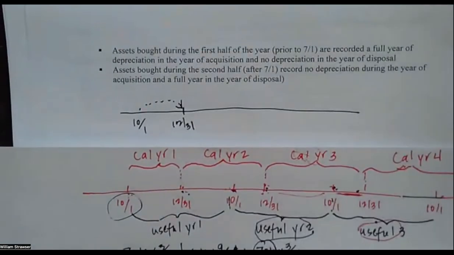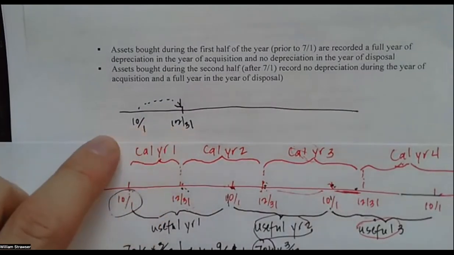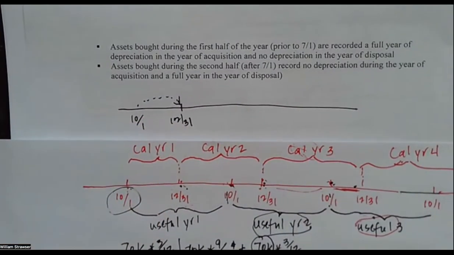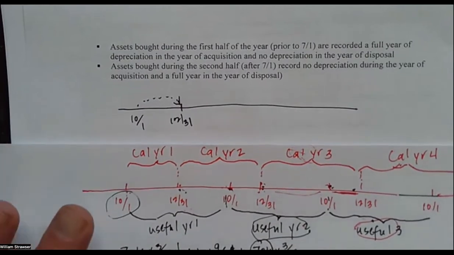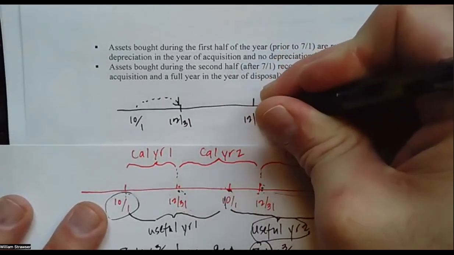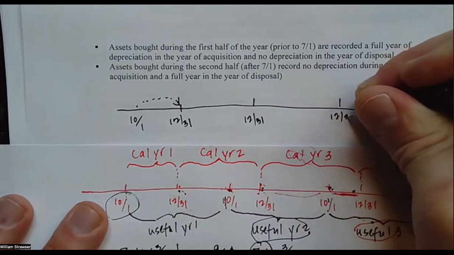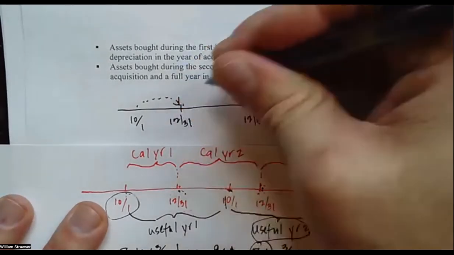So it moves that acquisition date rather than to the middle of the year, it moves it to one of the extremes. It either moves it to the end of the year, or if it's prior to July, then it moves it to the beginning of the year. And what happens is, as a result, the calendar years and the useful years align perfectly.